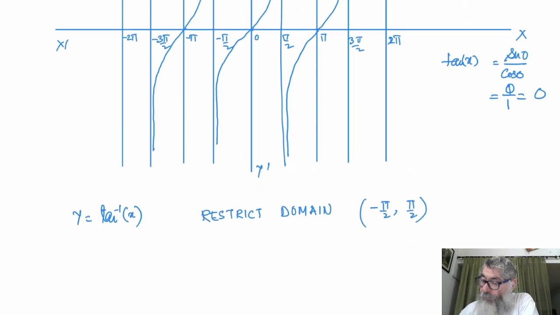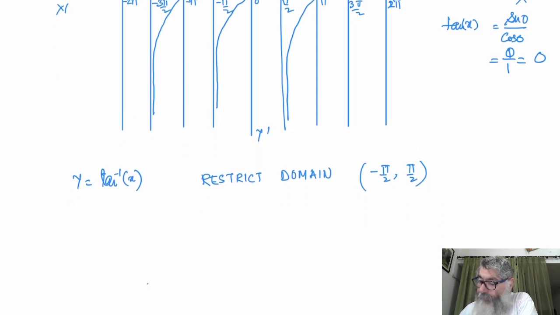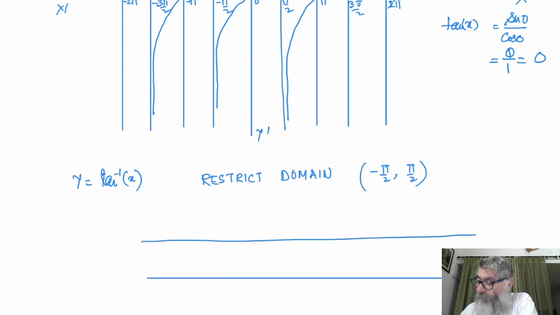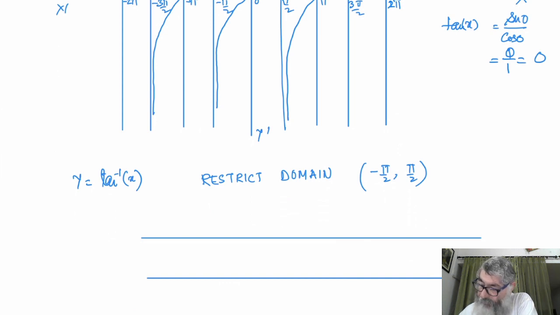So what kind of figure will we get? Again the same thing. It will be 0. It is minus pi by 2. It is pi by 2.